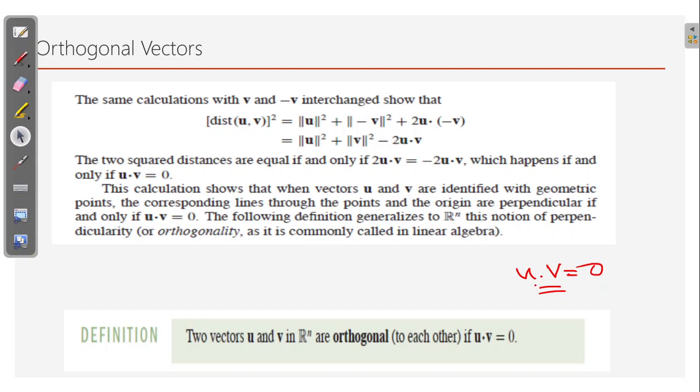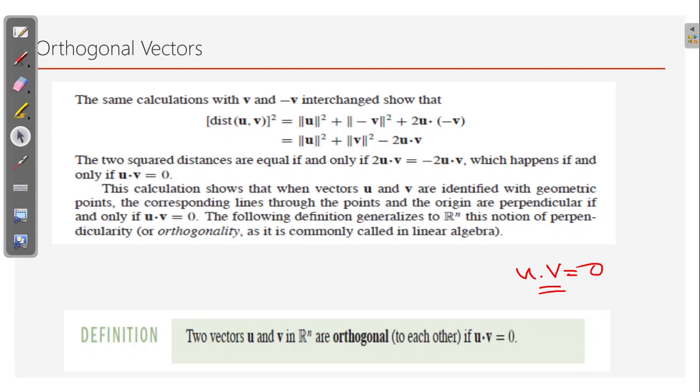But the meaning is, if two vectors belong to Rn, not only R2, not only R3, and this property extends up to Rn, then those two vectors are said to be orthogonal vectors.